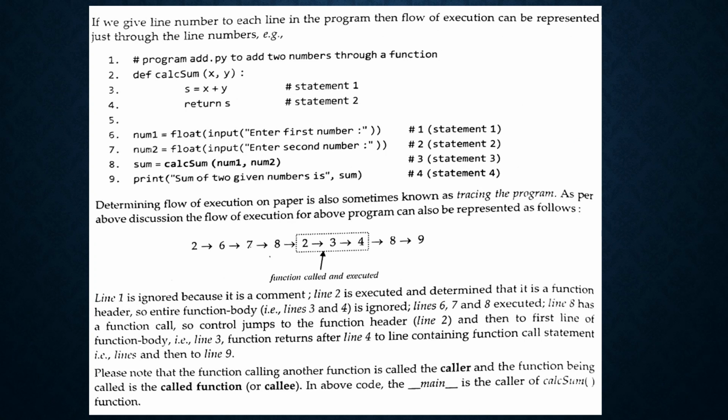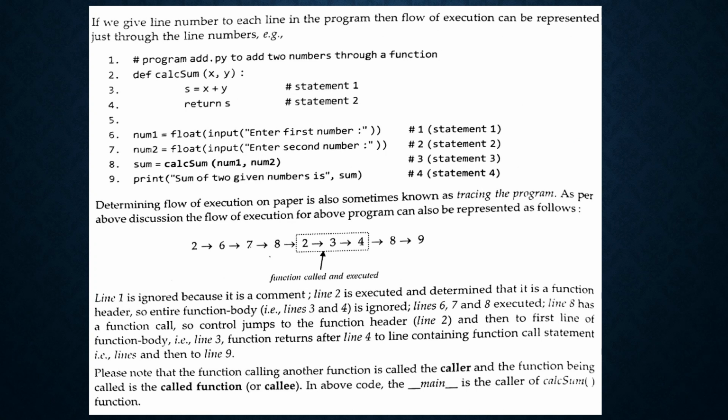First statement is actually a comment, so it will not be executed, it's a non-executable statement. So it will execute line 2 and check whether the function definition is proper or not. If it is proper, then it will go to the next line without indentation.